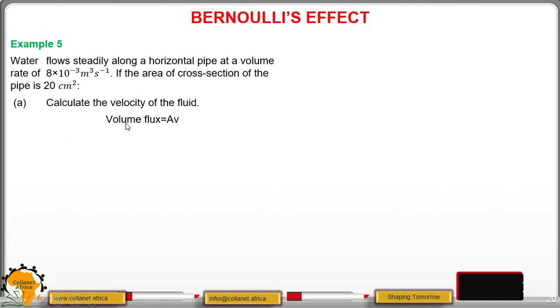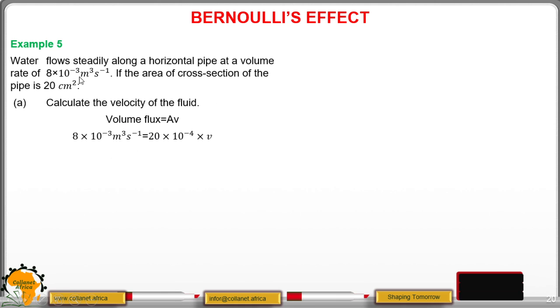How do you go about this? Already we are given the volume rate, or the volume flux, and the volume flux is given by cross-section area times the velocity of the moving fluid.